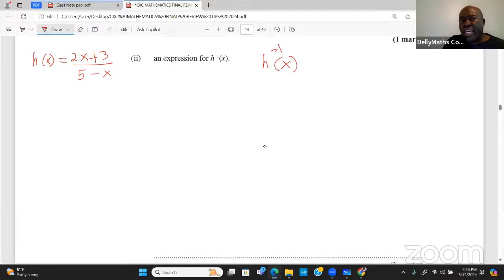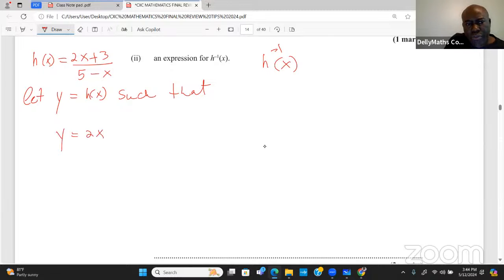To find the inverse of h of x, I'm going to start off the problem by saying, let y equal h of x, right? So I'm going to let y equal h of x such that I'm now going to replace my h of x with y. So I'm going to say y is equal to 2x plus 3 all over 5 minus x, right? So there it is that we have that.